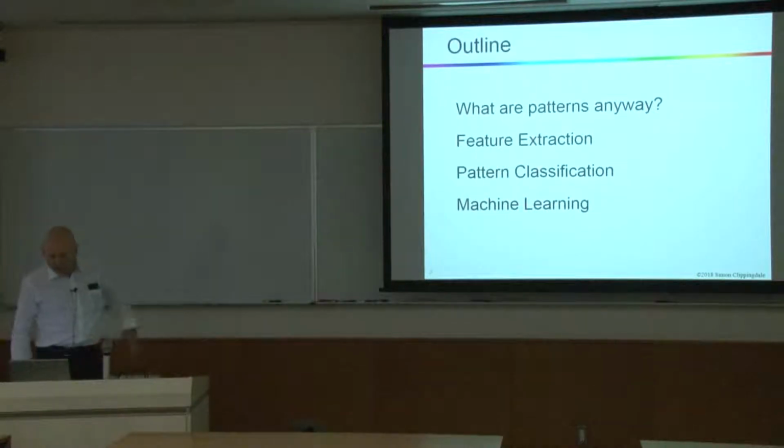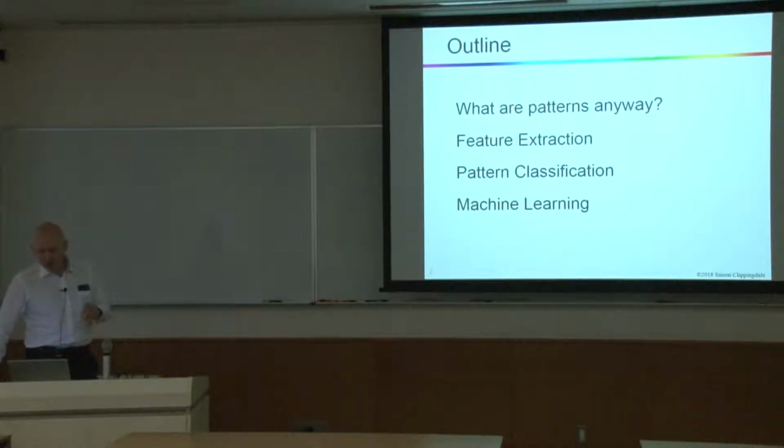So the outline of the course is, very briefly, I want to explore what patterns are, what pattern recognition means, and what you're trying to work around. Then the three main subject areas are feature extraction, pattern classification, and machine learning.